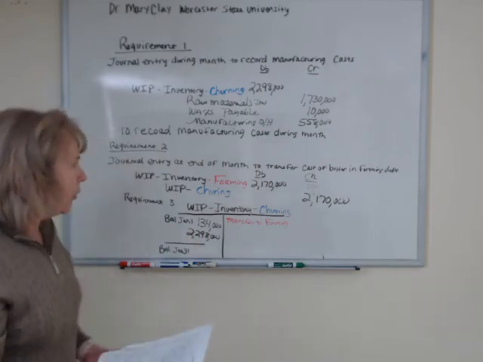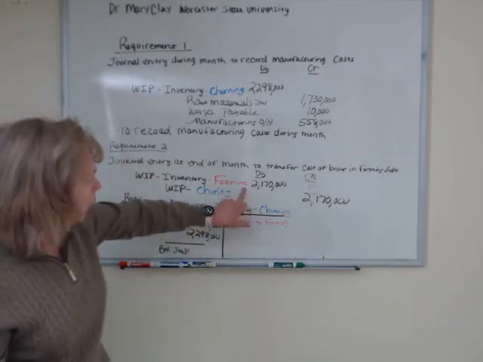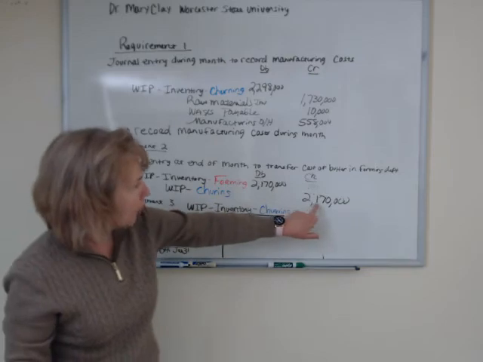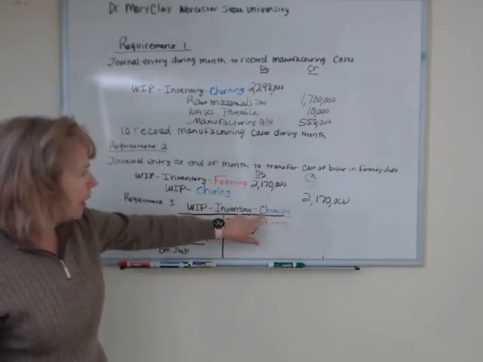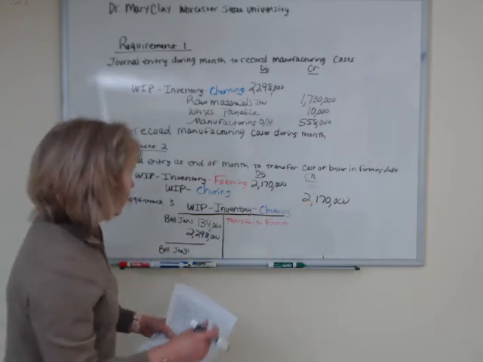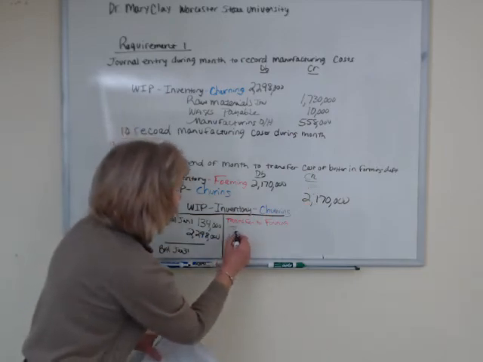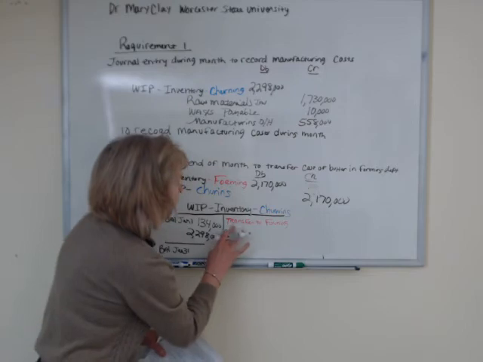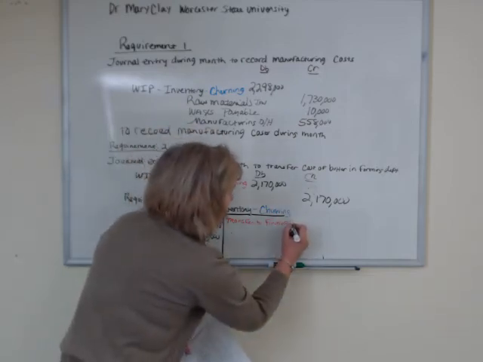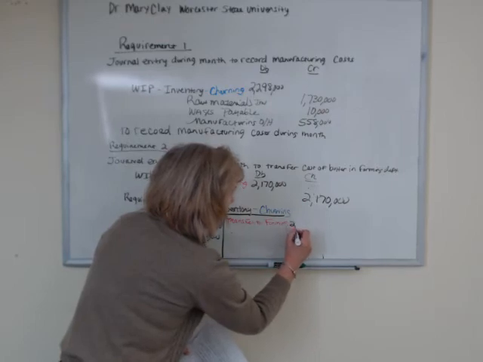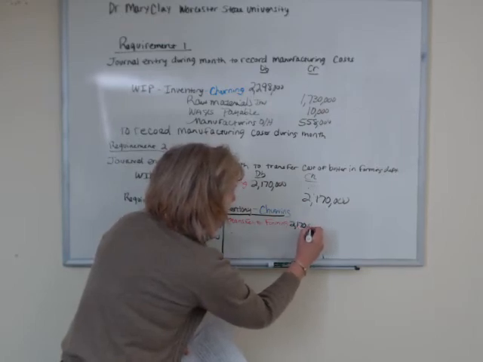Now the next one, again, you transferred to forming. What did you do to the inventory account for churning? You credited it, so that is decreasing it. When you work in the lab, the $2,170,000 will be on your credit side.